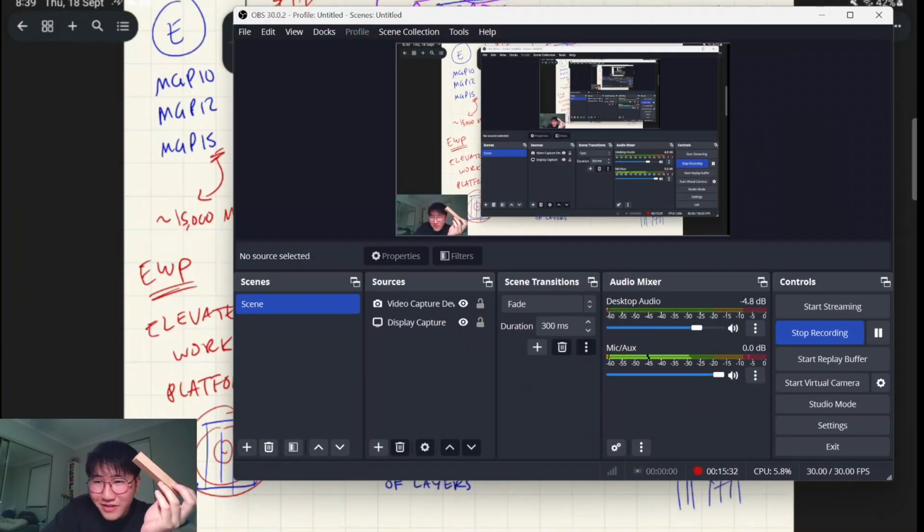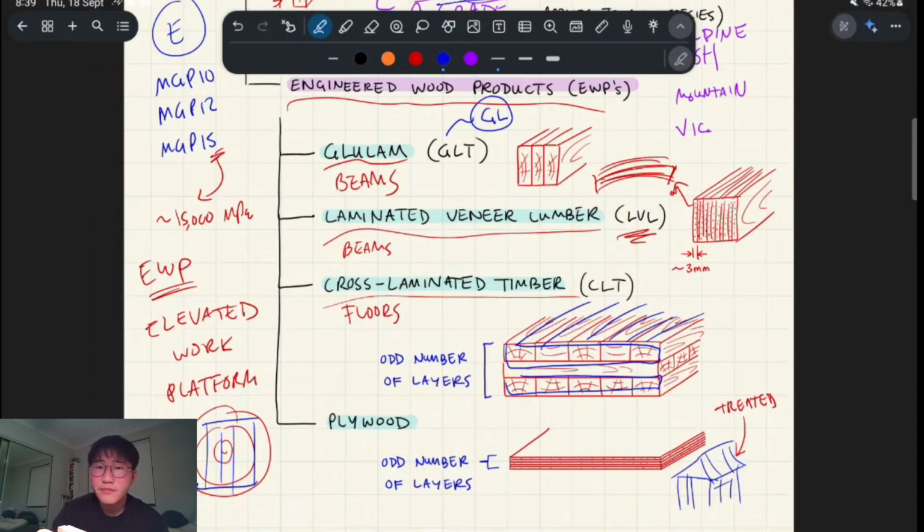Is my mic working? Okay, good. I'm paranoid. So essentially, you can see these fibers running parallel. That's the longitudinal direction, and then you can see the cross section. This one's better. You can see the cross sections have all these little straws. Actually, you can think of them like straws, and that's the end of the fibers.